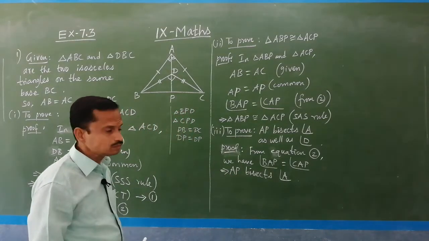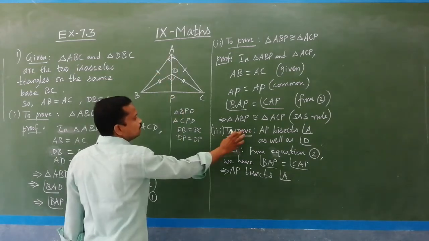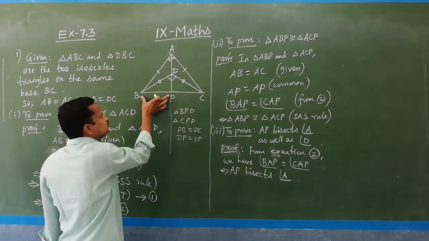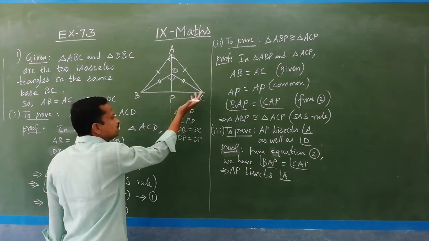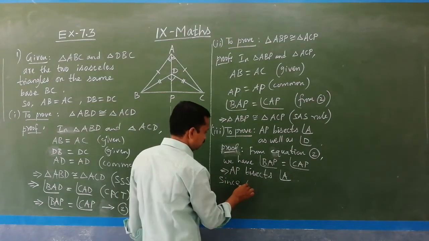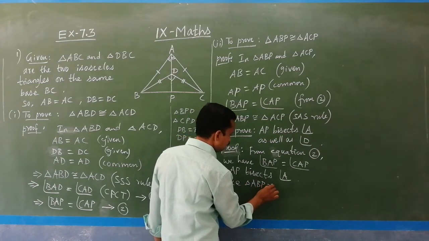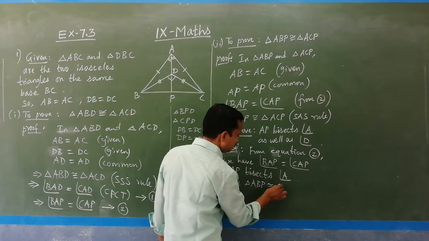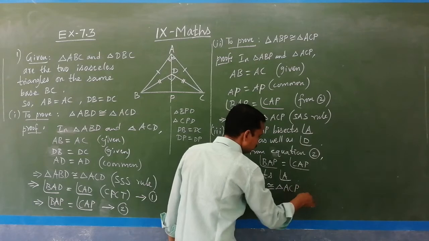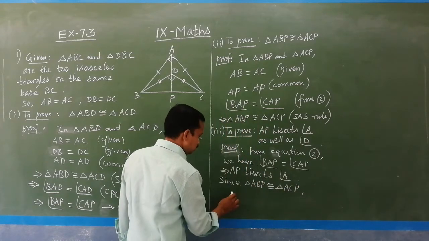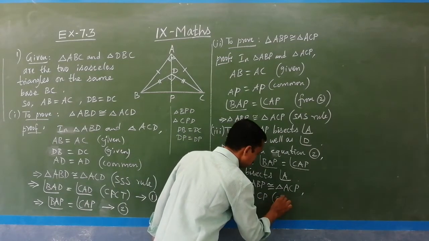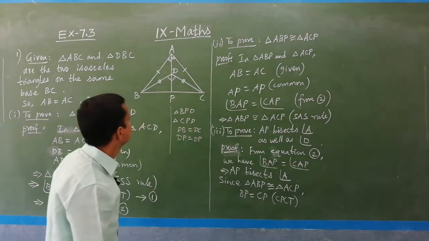So, since triangle ABP is congruent to triangle ACP, we proved already, by CPCT we can say BP equal to CP.